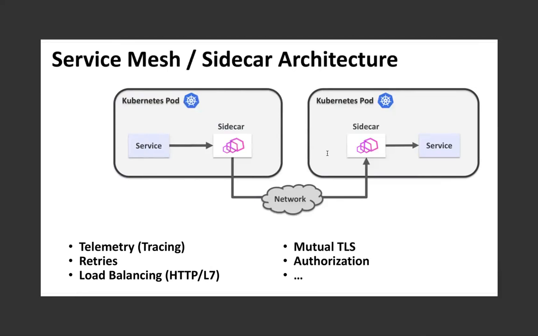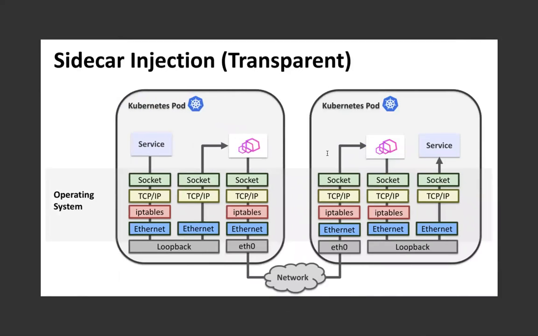What Cilium can do here is accelerate this, because this is a scary picture, but this is actually how a service mesh looks on the networking level. You have your sending service and your receiving service, and then you have to transparently redirect all requests into Envoy or whatever service proxy or sidecar proxy you're using.